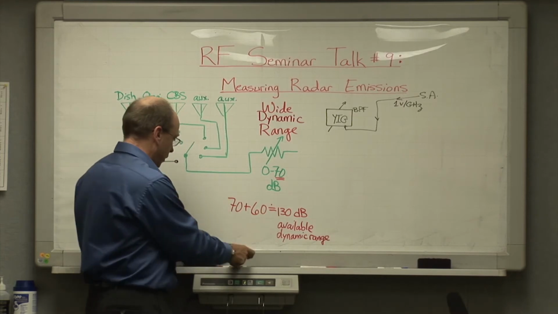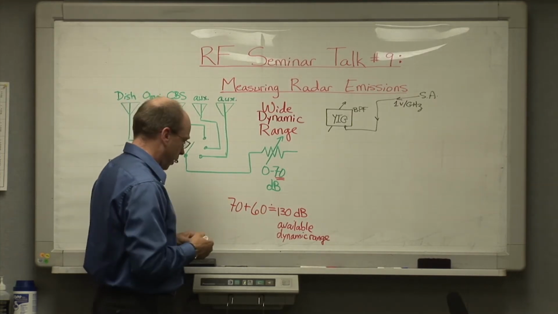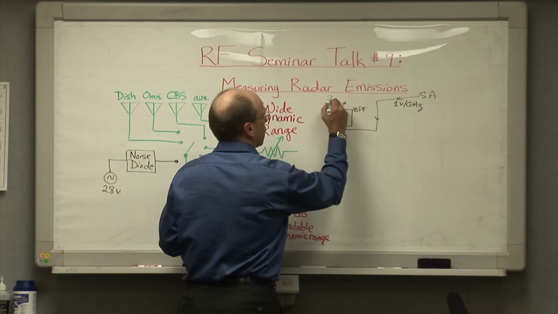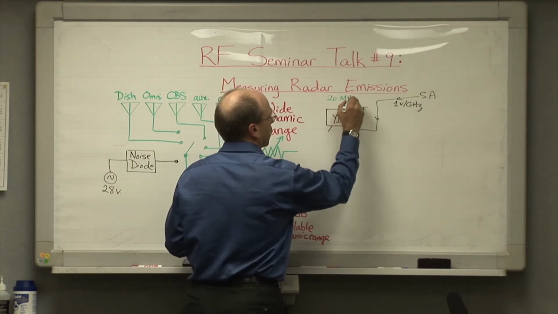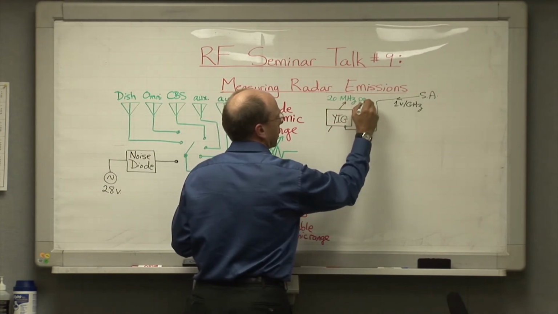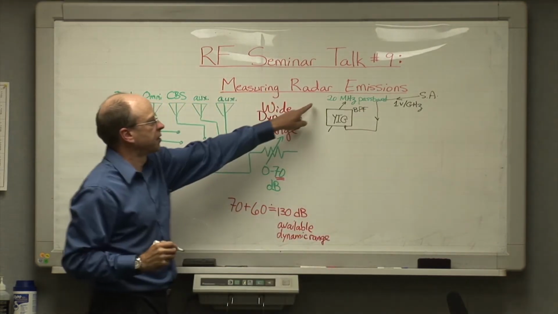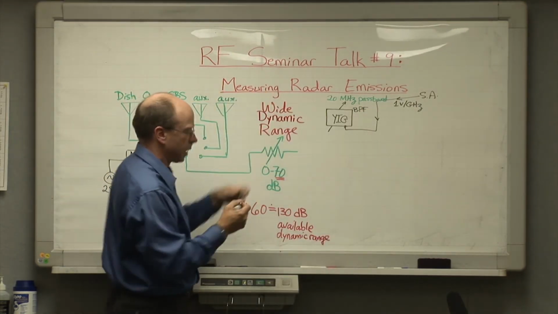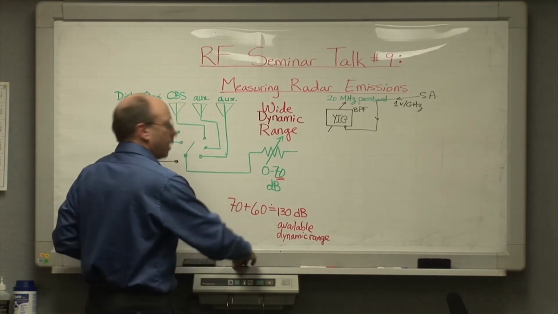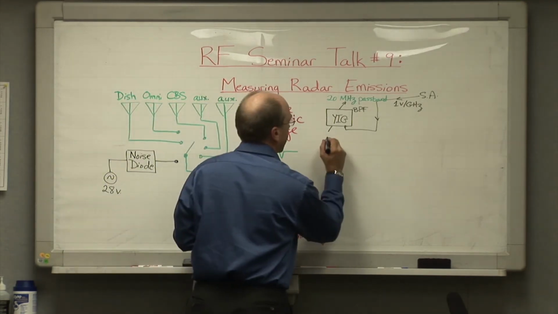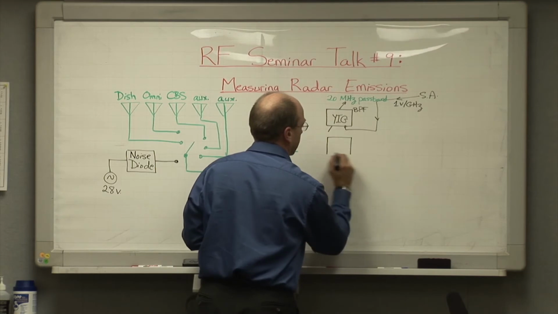But in addition to having the YIG bandpass filter, which has an approximately 20 megahertz passband, that is, it allows our measurement system to see about 20 megahertz of spectrum at a time, it's also useful to have a set of fixed bandpass filters.